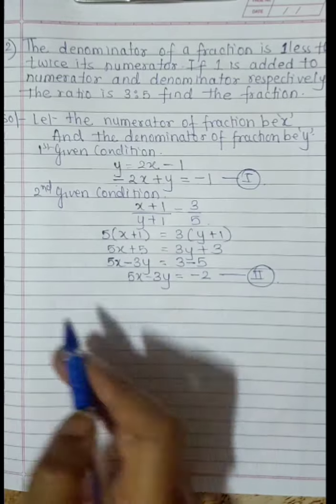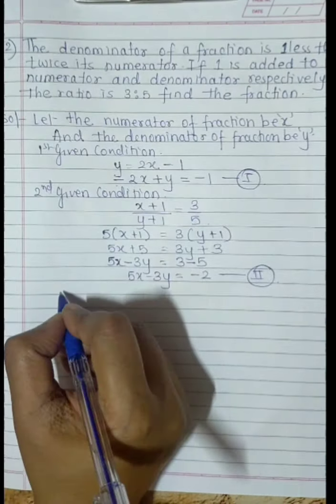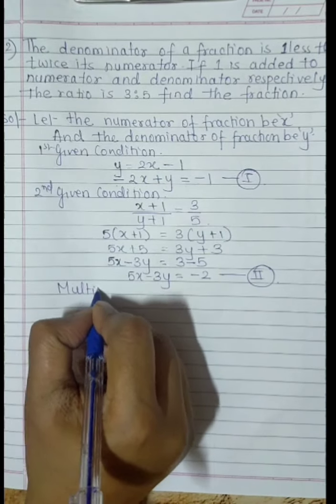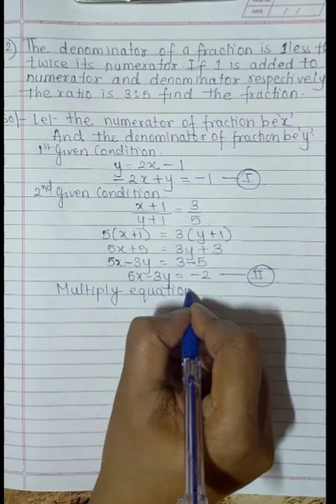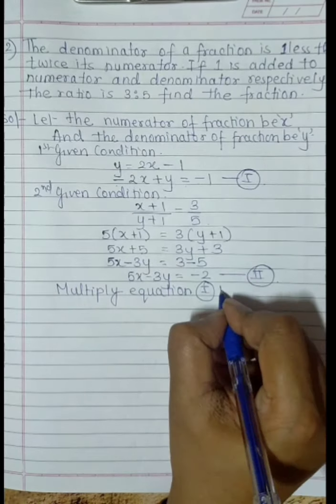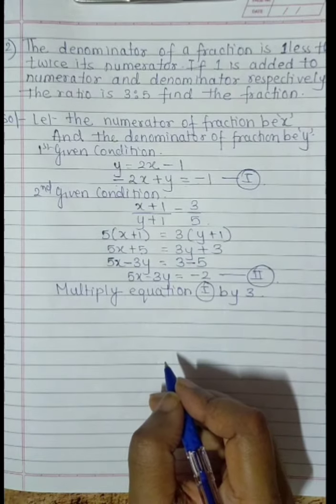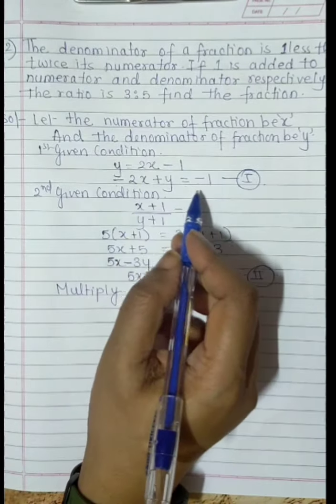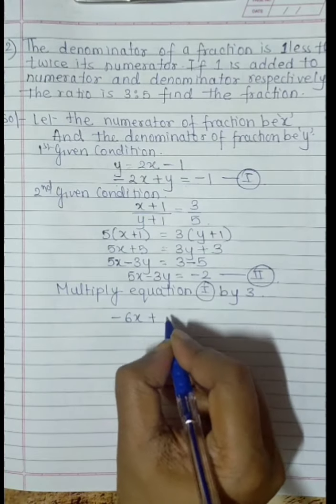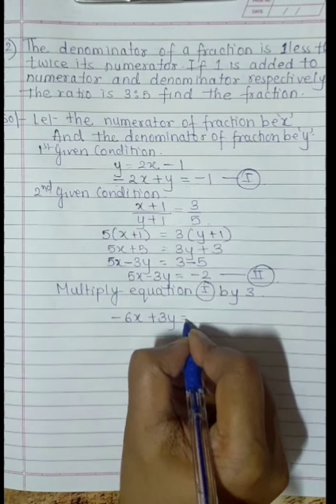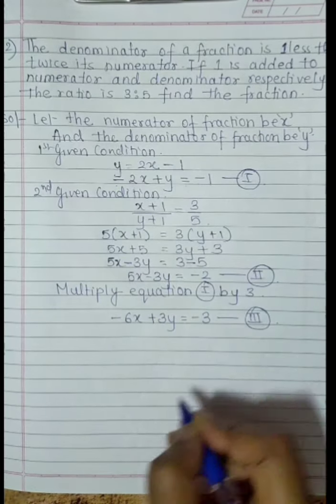So now we will multiply the first equation by 3. After multiplying we get minus 6x plus 3y equal to minus 3. This is our third equation.